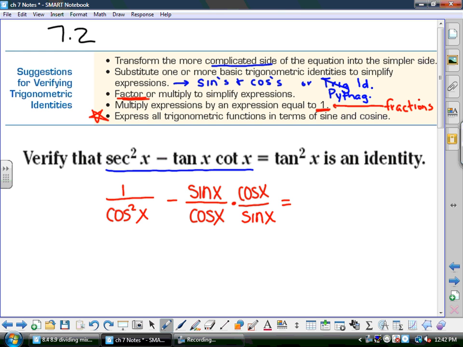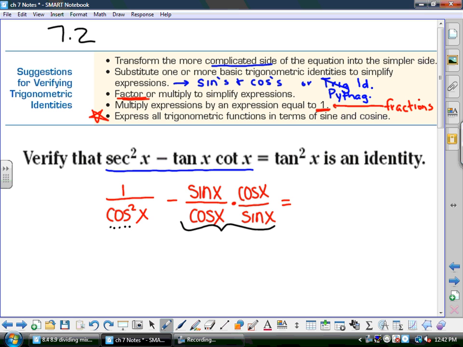Now you have to be careful with your fractions because we have subtracting fractions and multiplying fractions in the same problem. So when we're canceling things out, we're allowed to cancel within the part that we're multiplying, but we're not going to be able to cancel anything out with the cosine squared because that's not being multiplied, it's being subtracted.